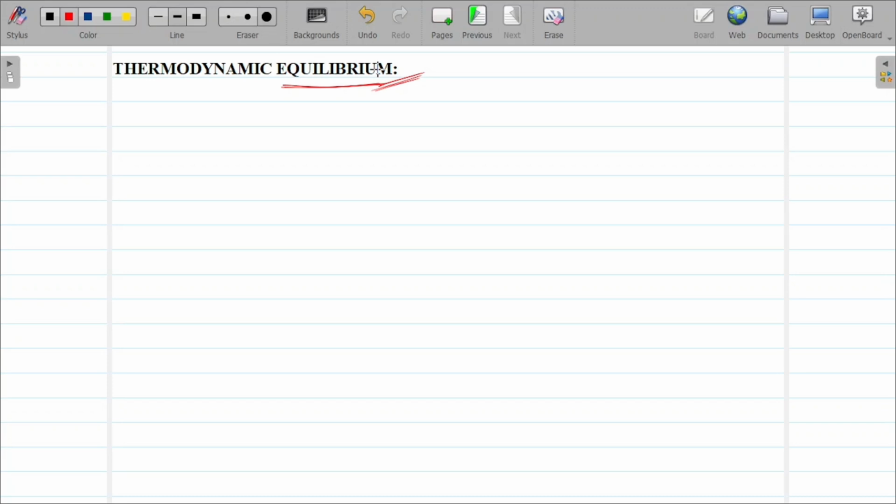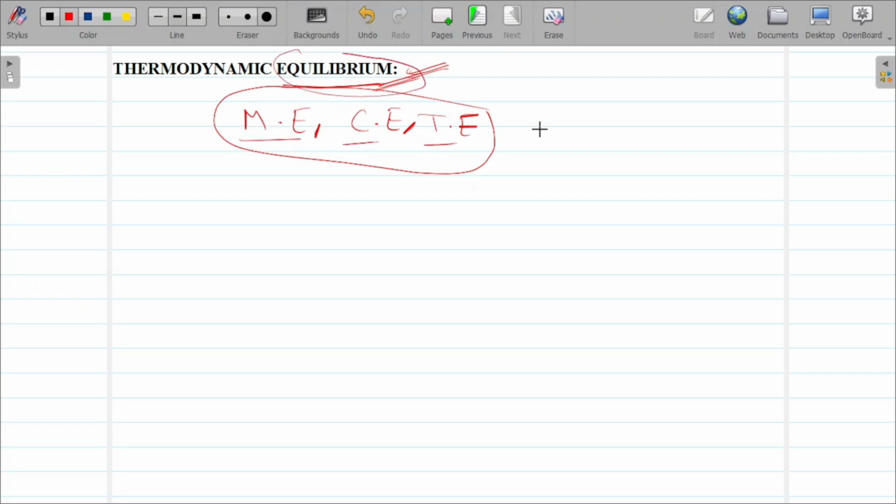Similarly here, if a system is simultaneously in a state of mechanical equilibrium, chemical equilibrium, and thermal equilibrium, if all three are there, then that will be called thermodynamic equilibrium.